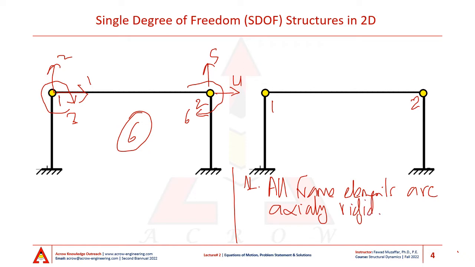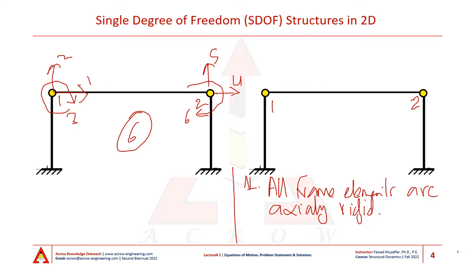I would say pretty reasonable, because the axial stiffness of these frame elements is many orders of magnitude higher than the flexural stiffness. So we do not lose much accuracy by ignoring the axial stretchability of all of these frame elements.